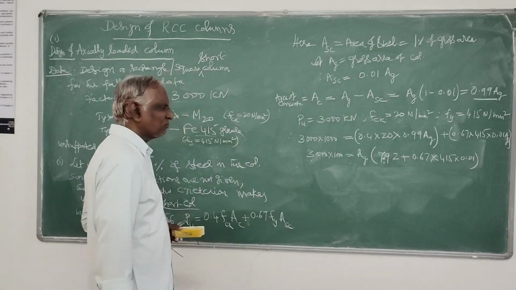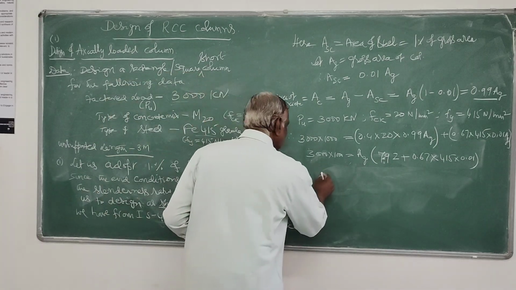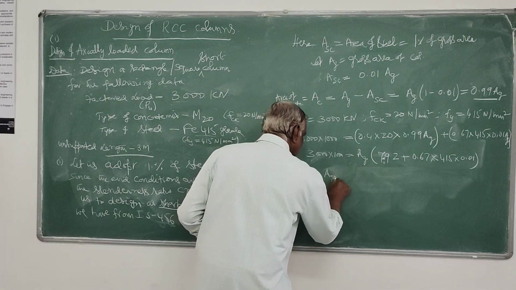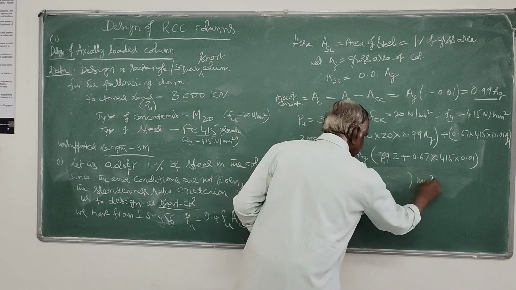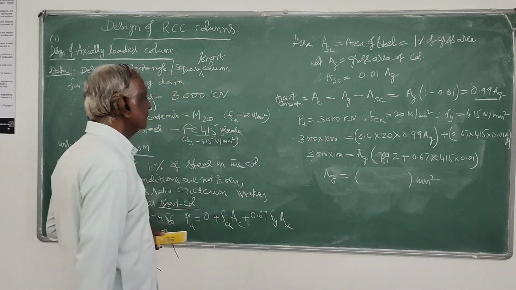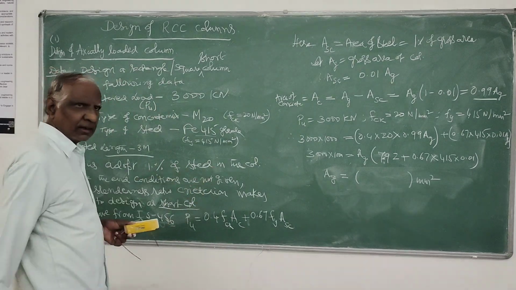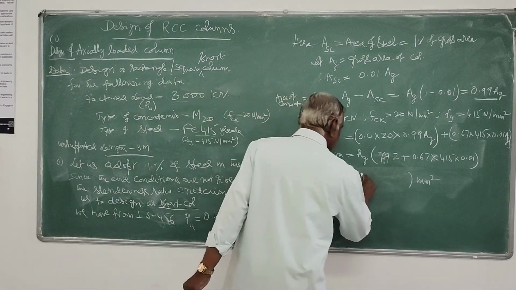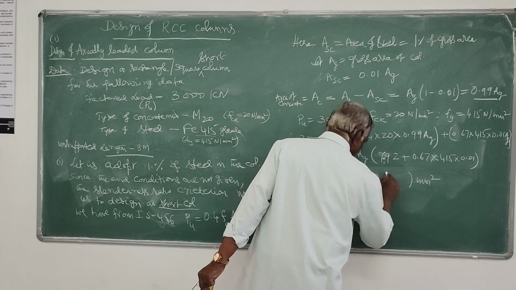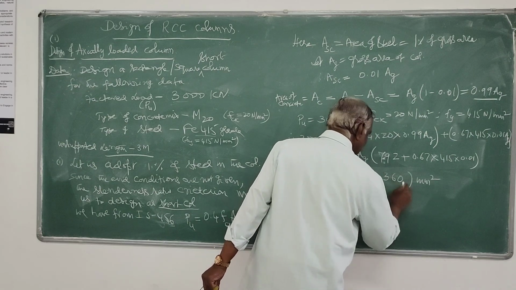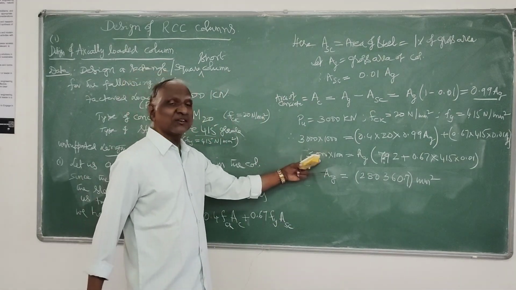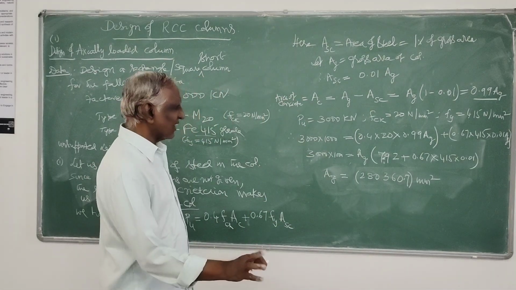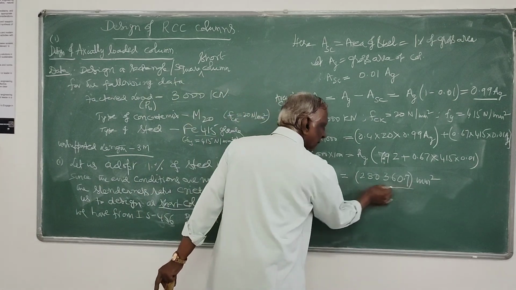Plus this 0.67 into 415 into 0.01, in millimeter square. Then, sir, 280360.73. Okay. So that is 7.92, I had taken 790. So this is in millimeter square.